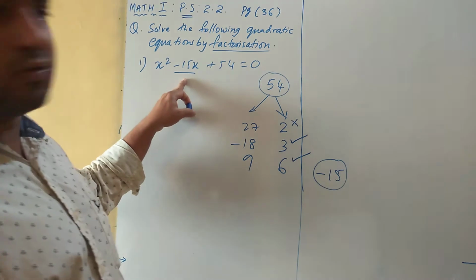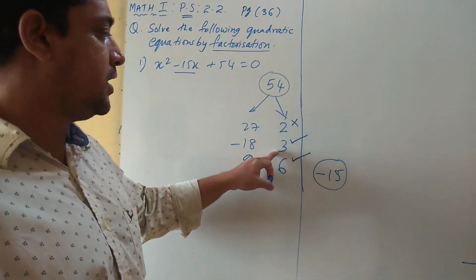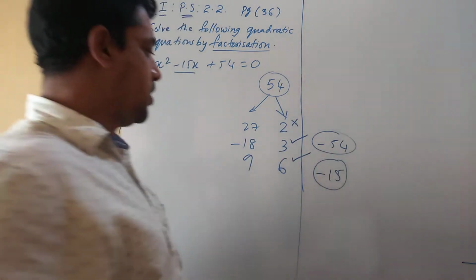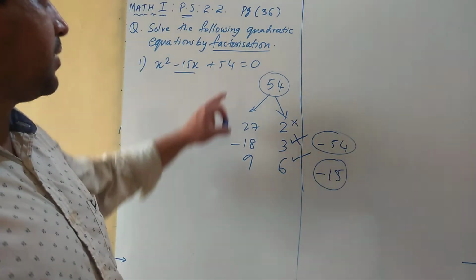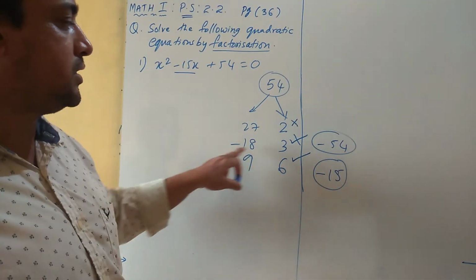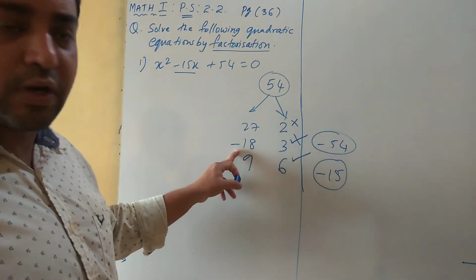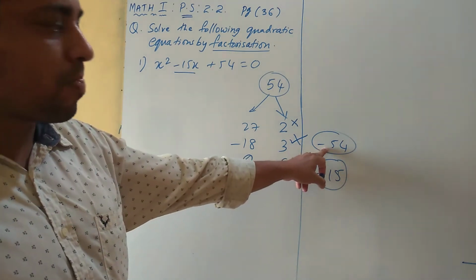So I am getting minus 15. But when I multiply, minus 18 times 3 is minus 54. So this pair is again not the correct pair. Why? I am getting minus 54. Check, minus 18 times 3 is minus 54. To satisfy this condition, if I should get minus 15, then the product goes wrong.